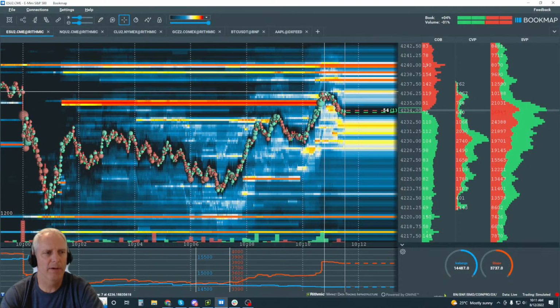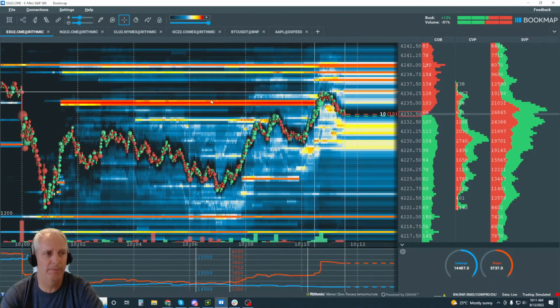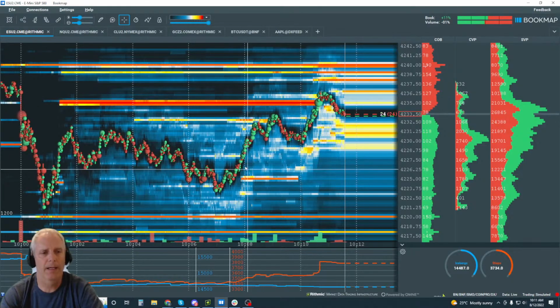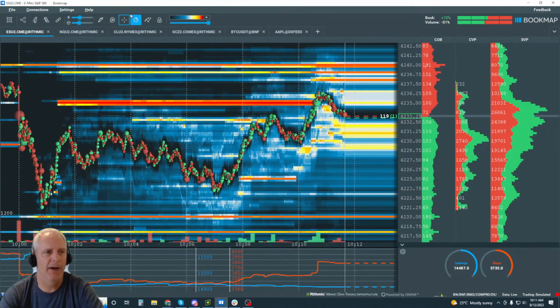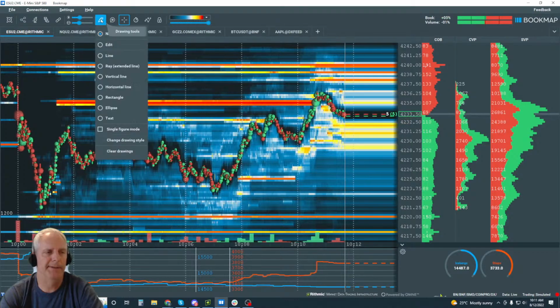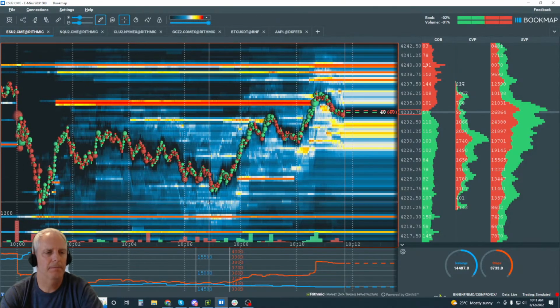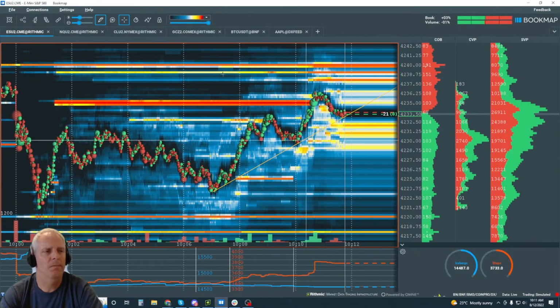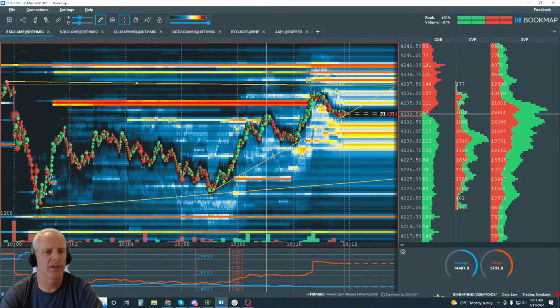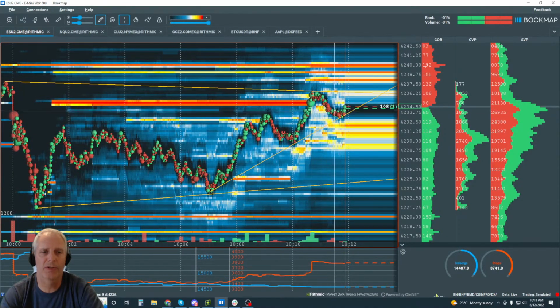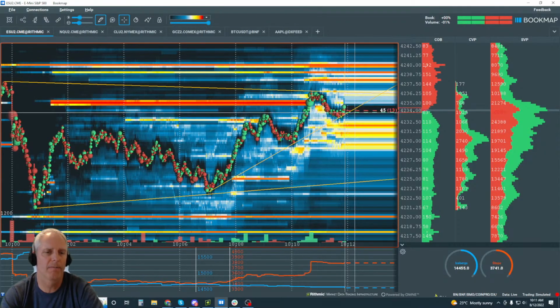So we came up here, nice swing up to where it dropped from. So in control here, buyers on this smaller time frame. We need to see if they can continue. What about this a little bit higher time frame? Well, we still made a lower high here.